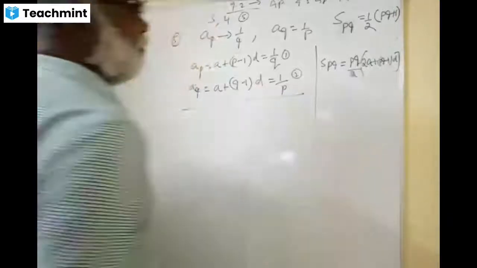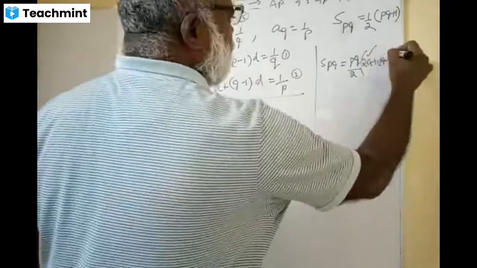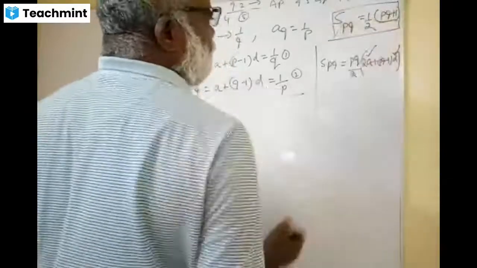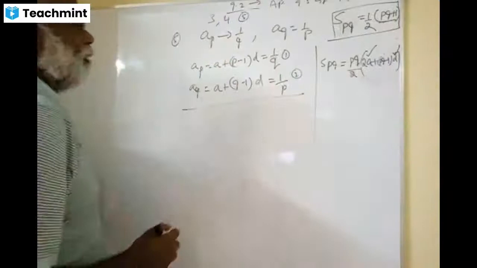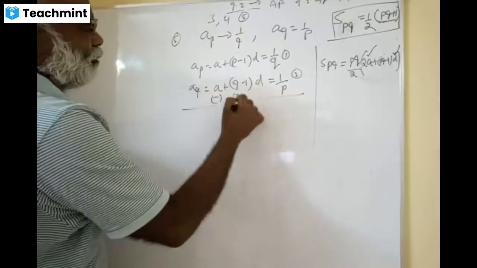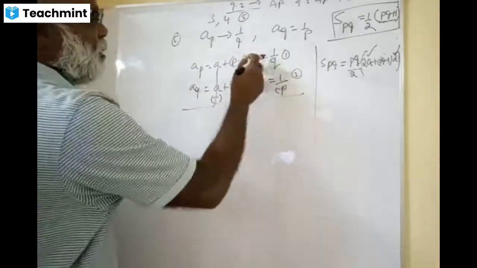All of you, please, A and D are not here. Look at this. A and D, you find out. Subtract: A minus A is 0, gone. So this minus this part.